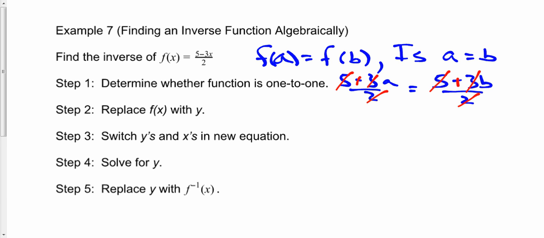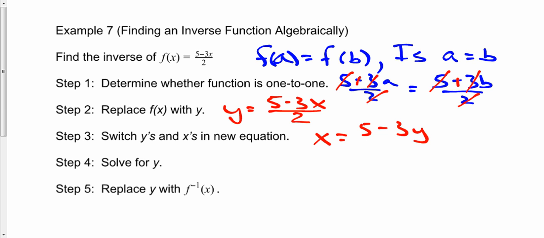Now, I am going to do this again, except I am going to replace f of x with the letter y. So now it's y equals 5 minus 3x over 2. Okay? Step 3. Switch the x's and y's. So now I got x equals 5 minus 3y over 2. And then I solve for y.